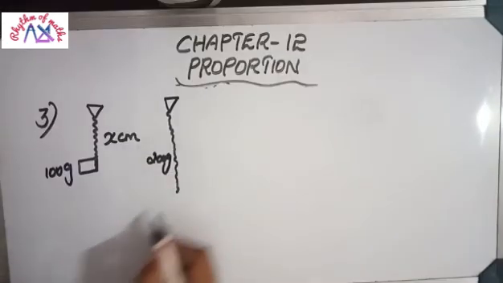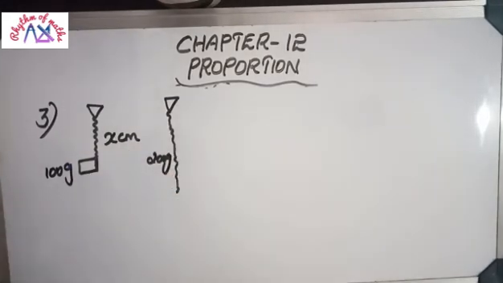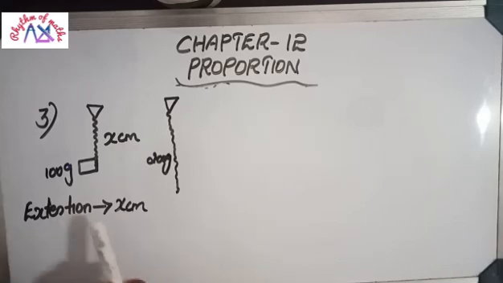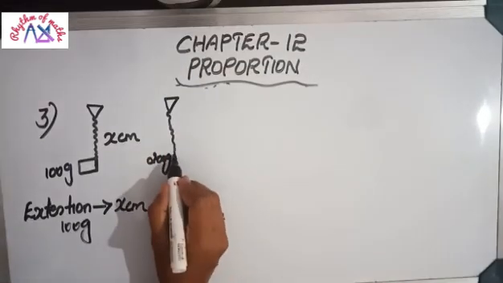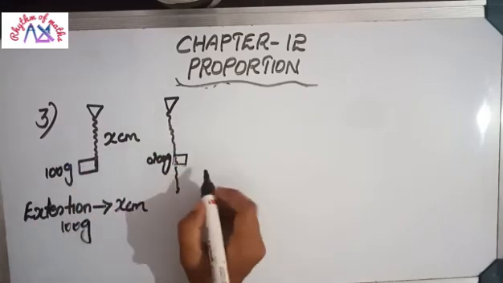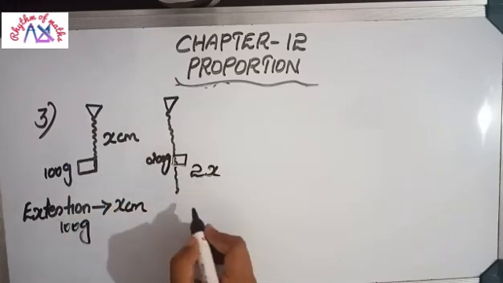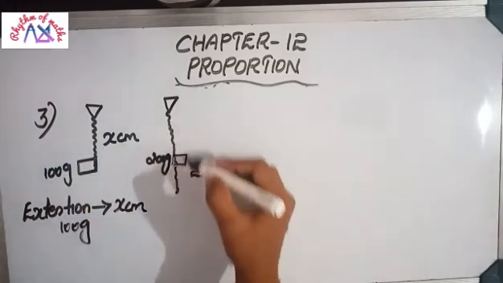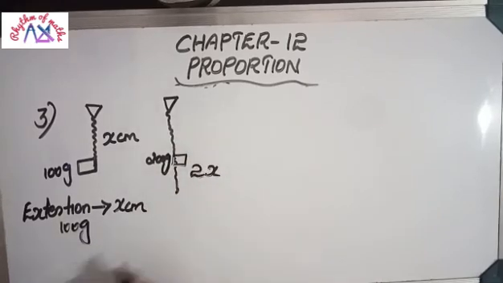It will be more, that spring will extend more. For the first one, if 100 gram is the weight, extension is x centimeter. Suppose 200 gram is the weight, then extension will be double, 2x. Suppose this is 5 centimeter, then if we place 200 gram, it will be double, 2 into 5, 10 centimeter.